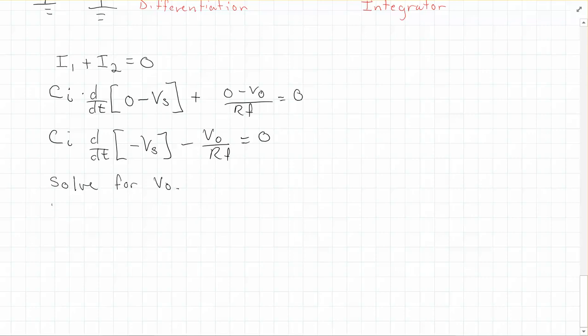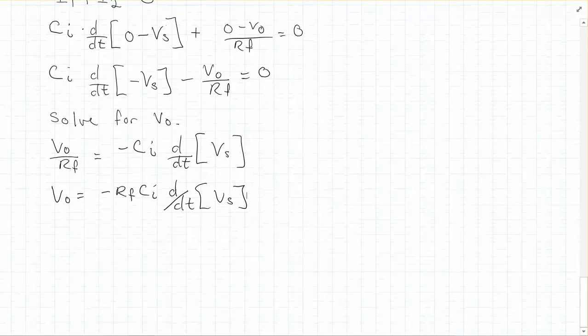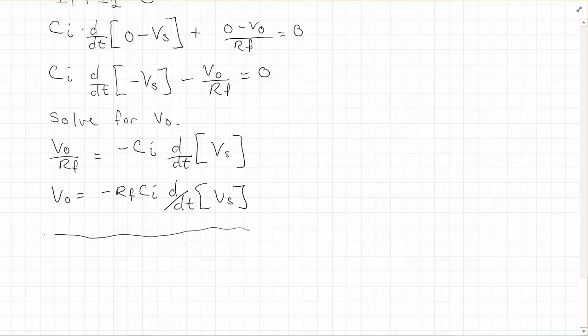So V out over RF is going to be negative Ci times the derivative of Vs. So V out is negative RF Ci times the derivative of Vs. So this right here is my final equation that I get.